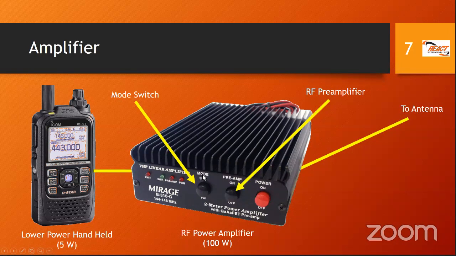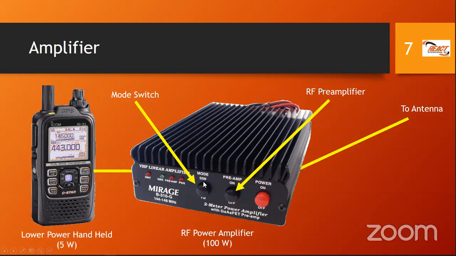Note that this amplifier also has 2 buttons that will be on your exam question pool. A mode switch that we can select whether we are using FM mode transmission or if we are using single sideband transmission. And to answer your question, before you ask it, yes, even on 2 meters and 70 centimeter, we can do single sideband.